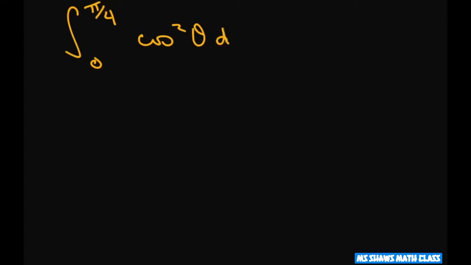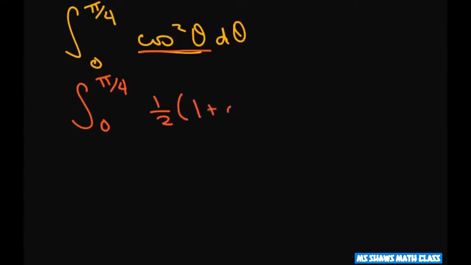So remember, when you have the square here, the best way to integrate cosine and sine is to use your half angle formula. So that we can just substitute that identity, which is going to be 1/2 times 1 plus cosine 2 theta d theta.